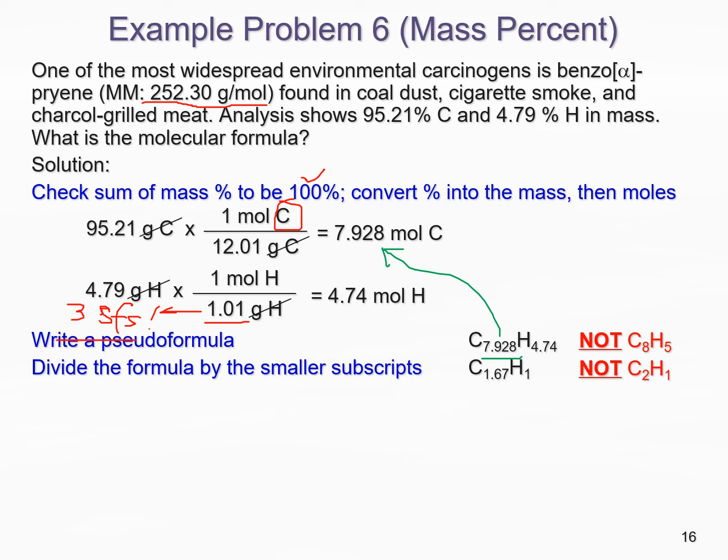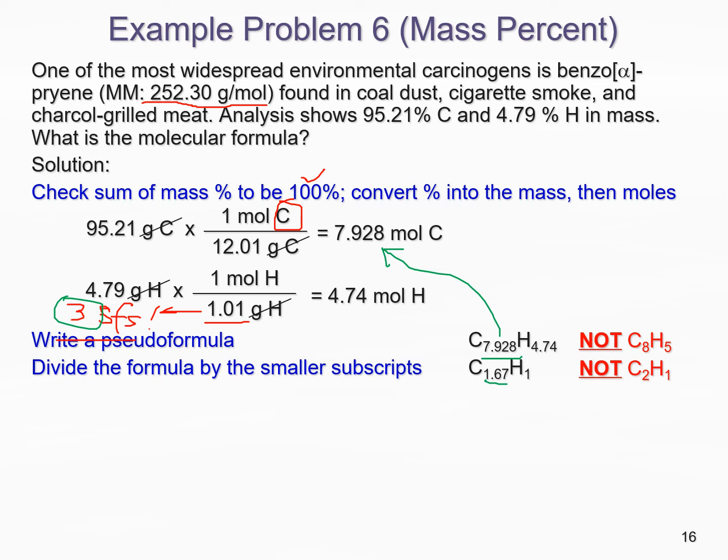What's the step? We convert that fraction into a whole number. That is why 3 sig figs is a must, because if you wind up with 1.7, you're not going to be able to get the correct formula, no matter how hard you try.